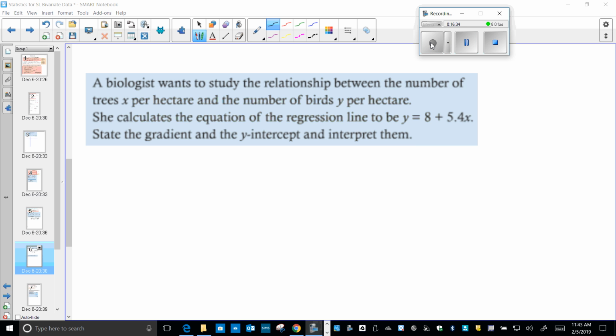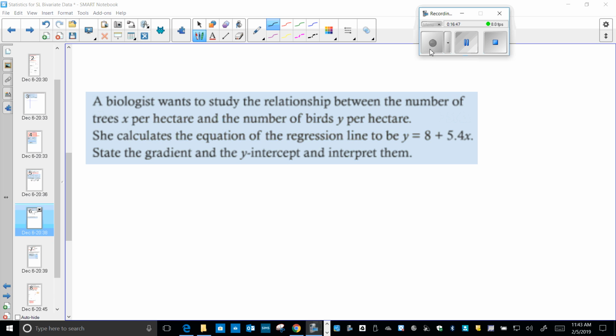Are we good with those? You multiply the tree by 5.4. And the y-intercept, sure. So with 0 trees per hectare, there are already 8 birds.